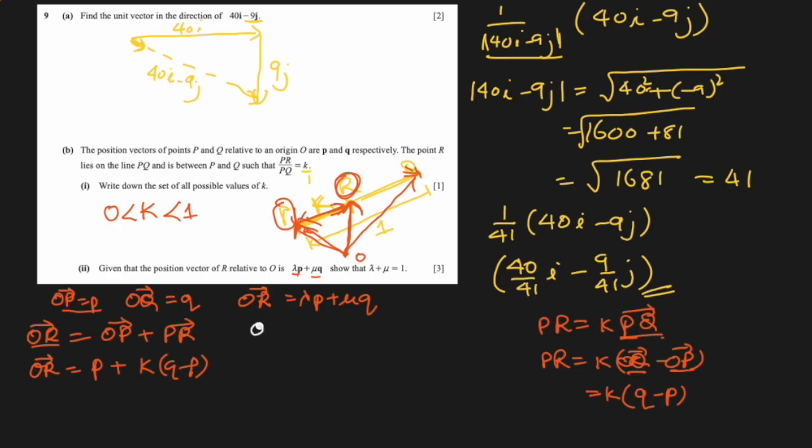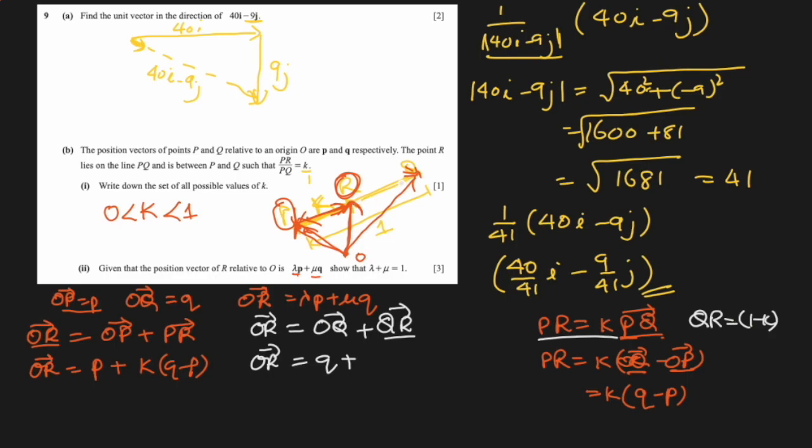Similarly, we can write OR is equal to OQ plus QR, right? So OR is OQ, which is Q, plus, now this time QR is to be written like this. So QR can be written as 1 minus K, yes, because this factor K has been removed from this, so this fraction will be 1 minus K, QP, isn't it?